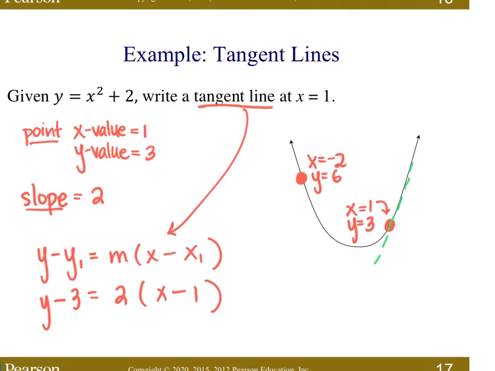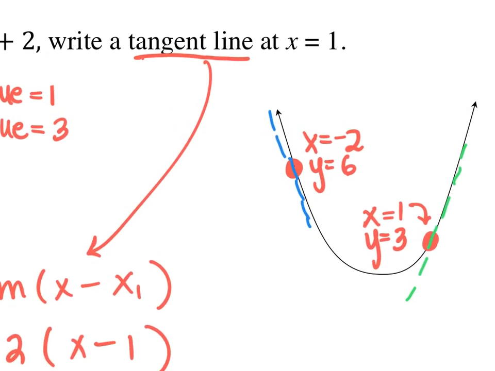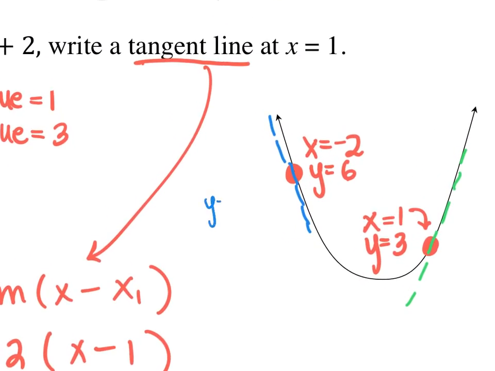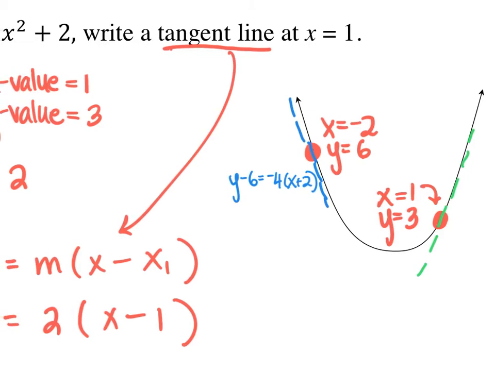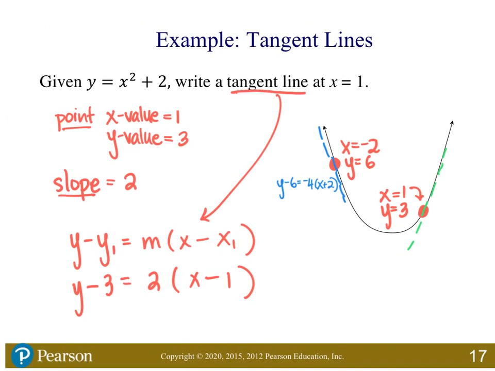And so we could write an equation for the tangent line there. So if we were going to try and do that, that would be y minus the y value of 6, equals the slope value of -4 times x minus -2. That would be the equation of that tangent line. So you could do an equation for a tangent line at any point around your curve. Pick the point, figure out the slope, and then you can write a tangent line.